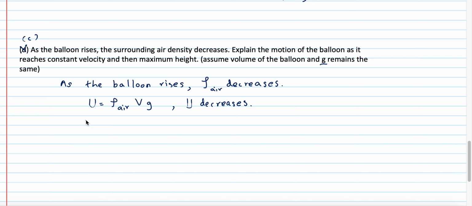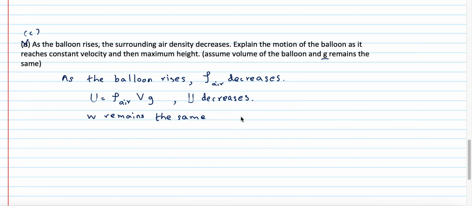However, W remains the same because the mass of the helium and the balloon equipment remains the same and g remains the same. So W remains the same. And our equation for the net upward force is U minus W. So as U decreases, the net upward force decreases.